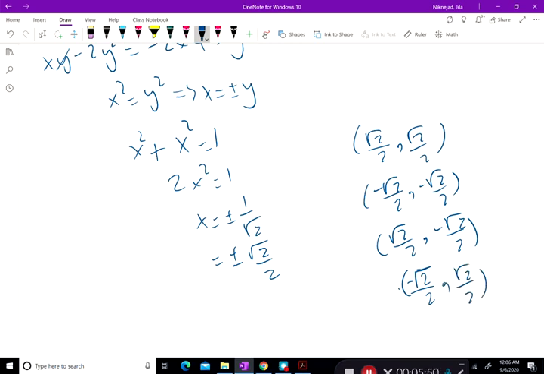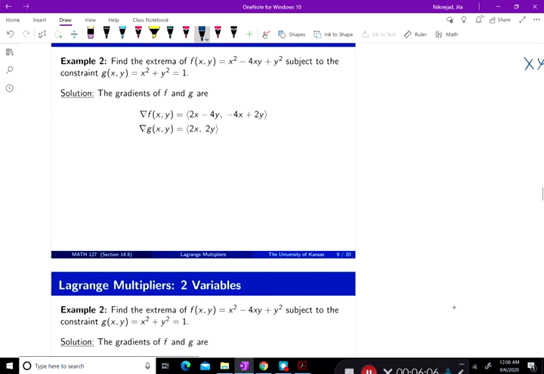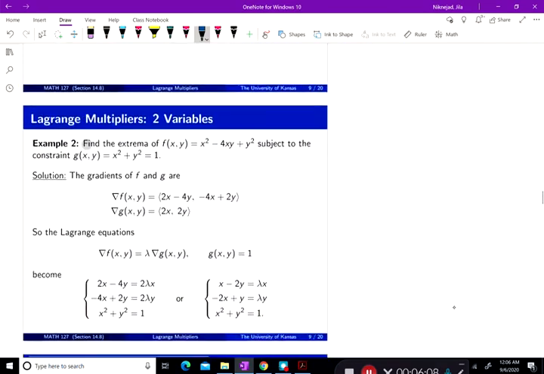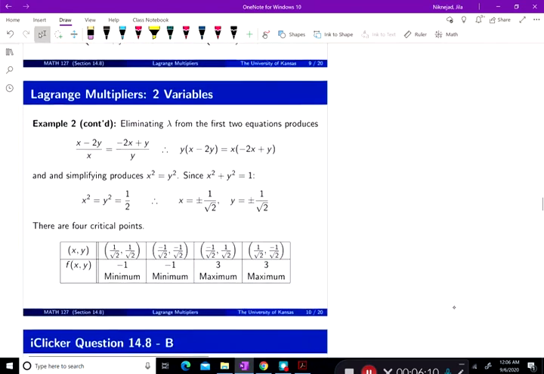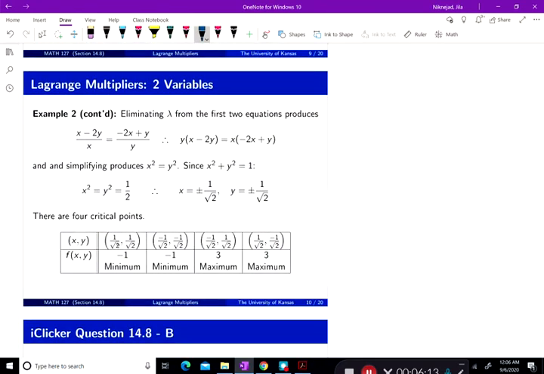Checking the values of f on each of these points, you can find which one is the absolute maximum, which one is the absolute minimum. Here it's done in this table. In this table, you see that two of the points, if evaluated in the function, are going to give you -1.